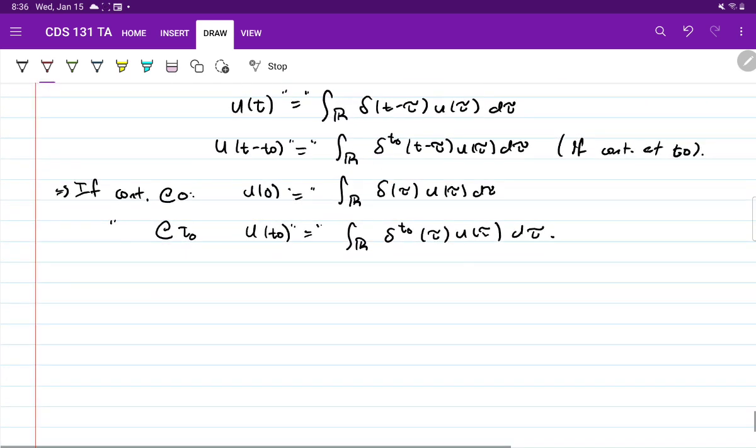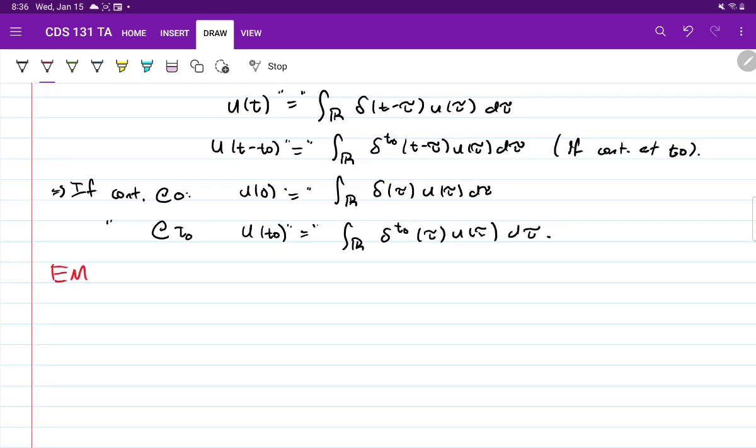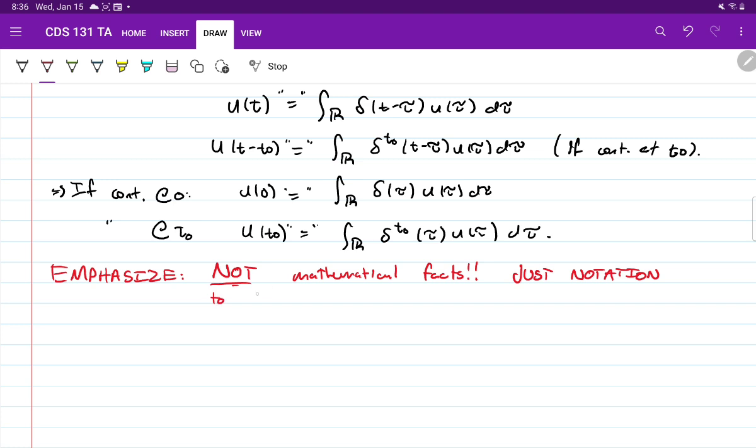Okay? So I want to emphasize these are not mathematical facts. Okay? Just think of these like notation, just notation to communicate the abstract properties of delta, delta in the language of signals.